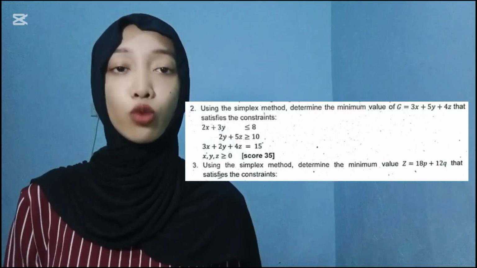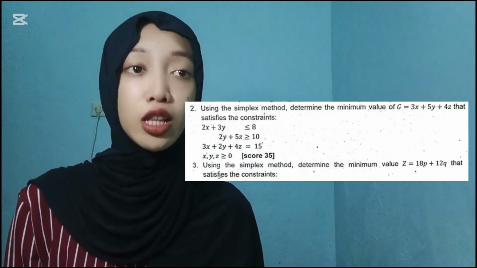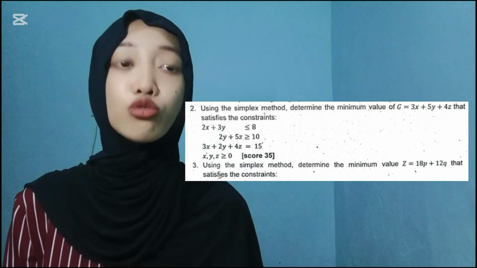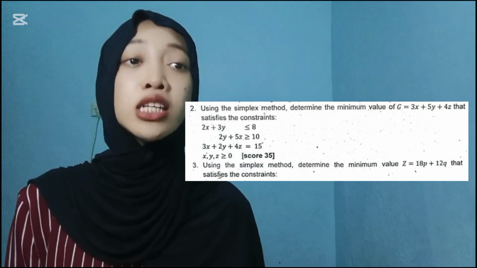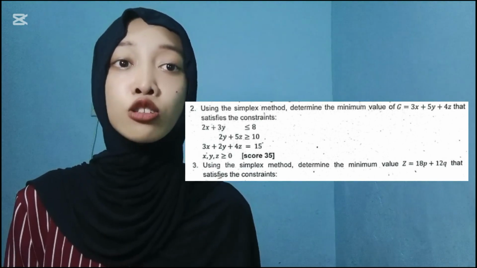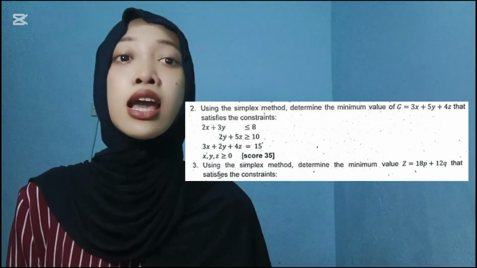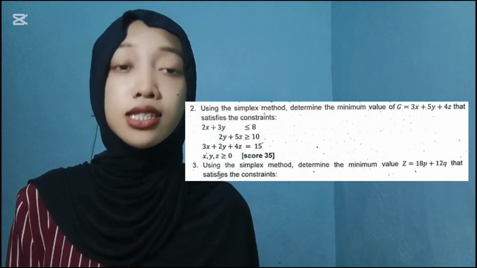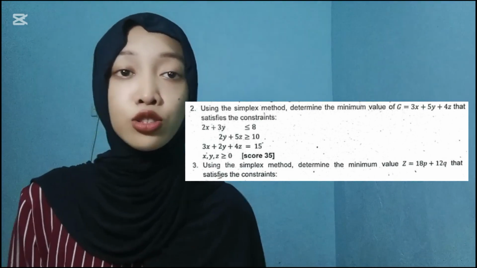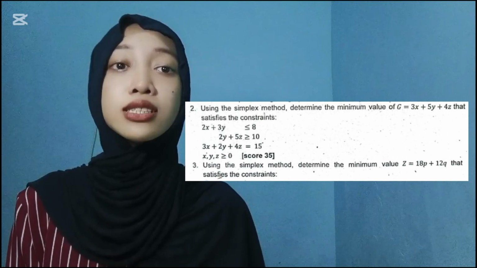1,200,000. Next question. Using the simplex method, determine the minimum value of G is equal to 3x plus 5y plus 4z that satisfies the constraints. First constraint, 2x plus 3y less than or equal to x, and second constraint, 2y plus 5z more than or equal to 10.